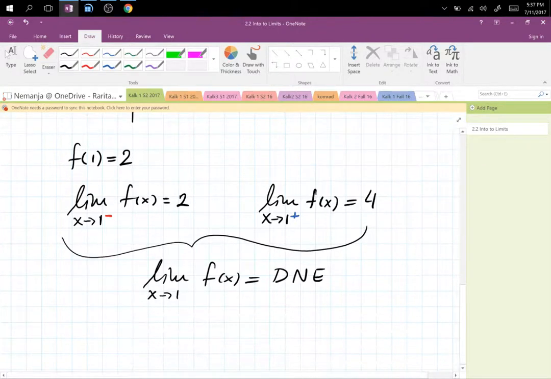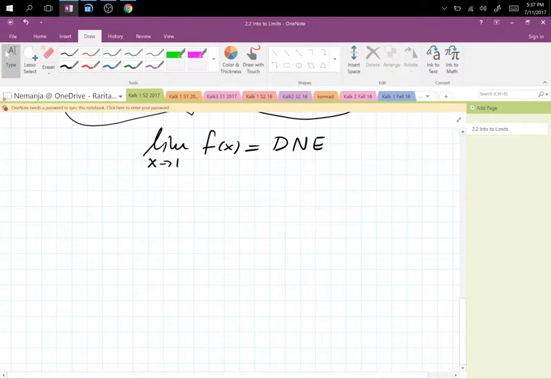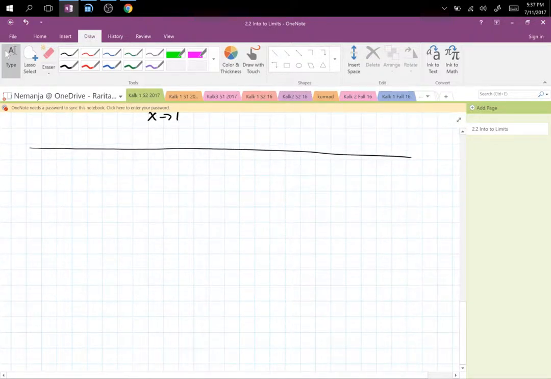Two more examples, guys. And then we are going to write the theorem, and then we're done. The next example is going to be good old function y equals 1 over x. You better know how to graph this from yesterday's class.